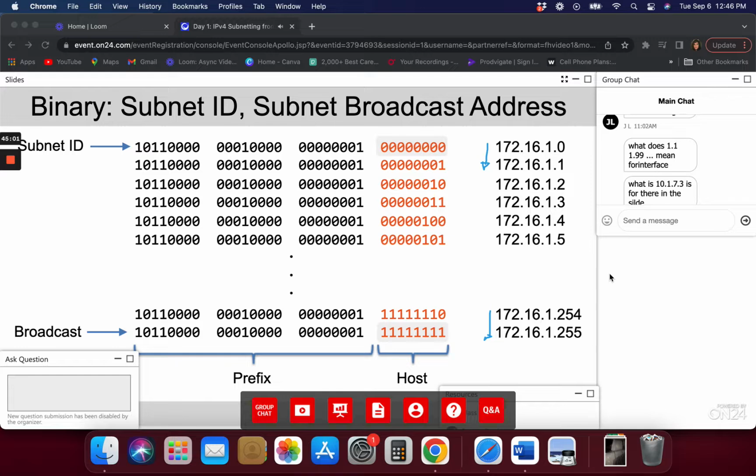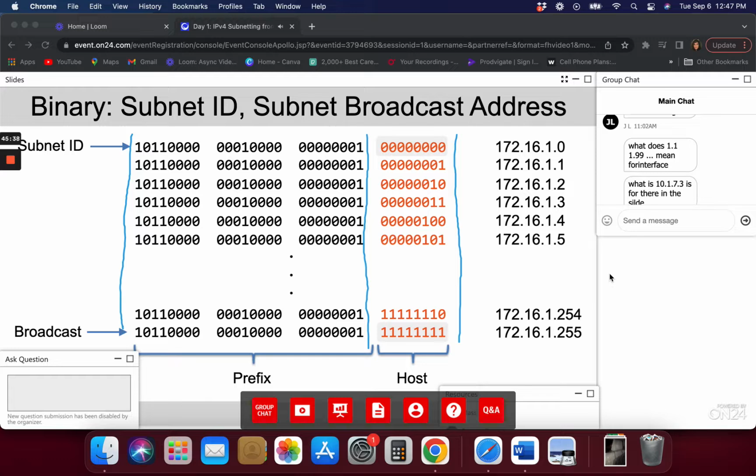If I look at the first 3 octets and I look at the binary values, they are identical. By definition, a 24-bit mask says the first 24 bits must be identical in every address, and there you go. Whereas the last 8 bits differ in some way, shape, or form. So again, that confirms the meaning of those numbers.